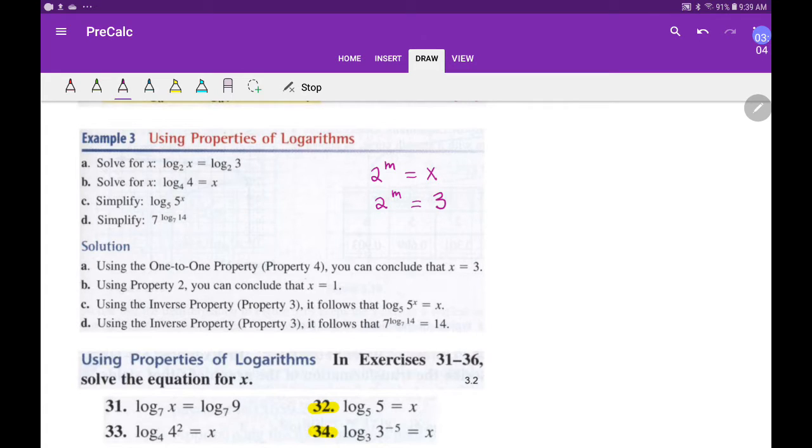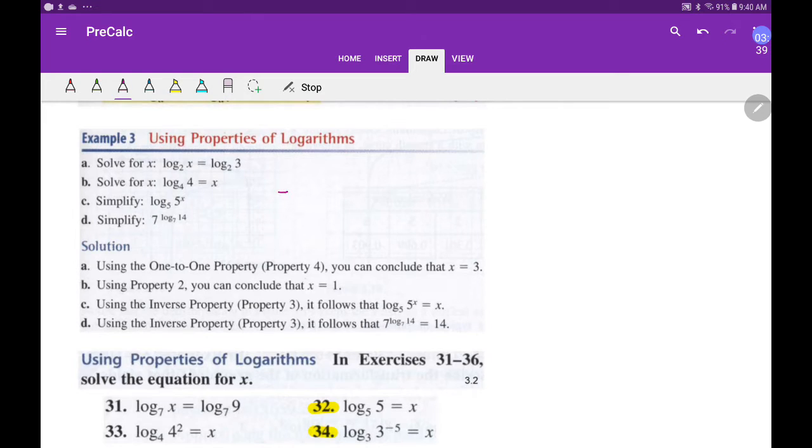So using the one-to-one property, I know that x must be 3. Solve for x in the second one. If my base is 4 and I want 4, then I know that x has to be 1. We're just using these properties.